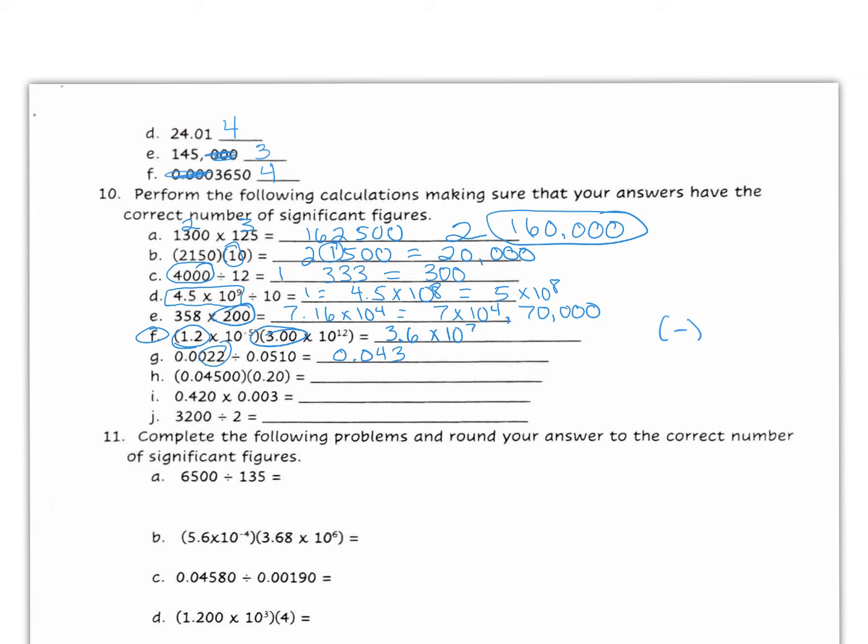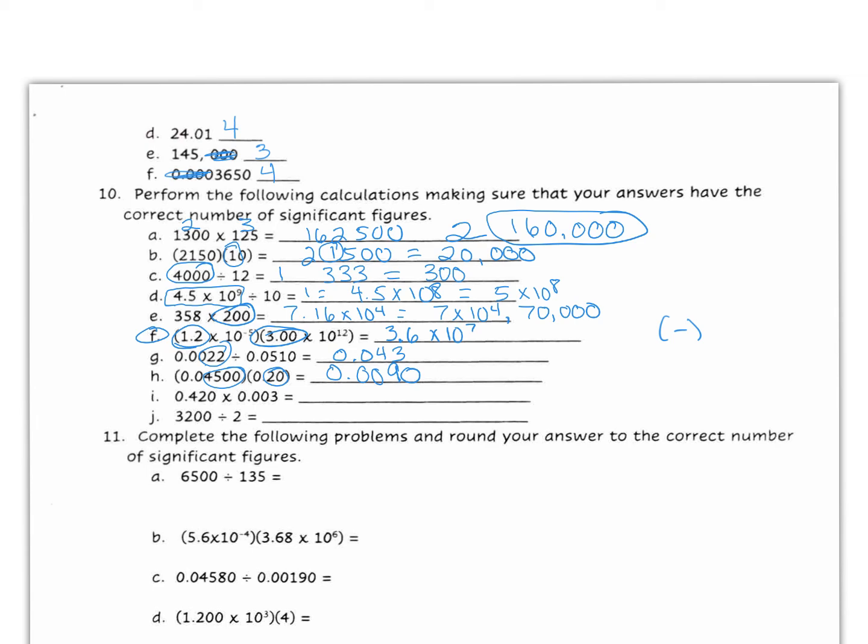All right, next one is pretty straightforward, 0.045 times 0.2. All right, so in this one, I've got 2 significant figures here and 1, 2, 3, 4 there. So I can keep 2, which is good because 0.009 is what my calculator says. I have to add a 0 to make it 2 significant figures.